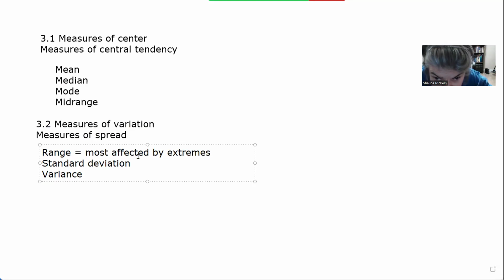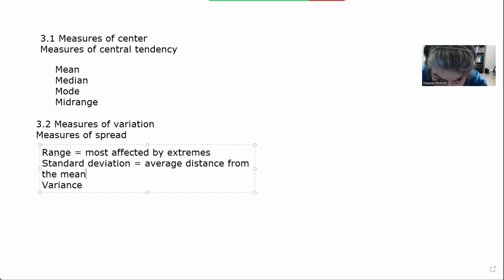Now, the standard deviation, as we mentioned in class, is an average distance from the mean. Sometimes the variance, for mathematical reasons, is preferable to the standard deviation, but this is a distance away.